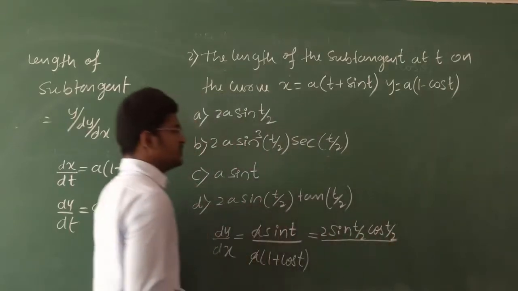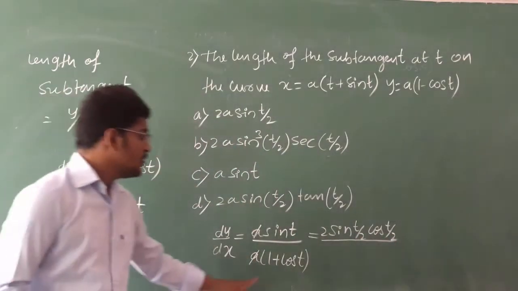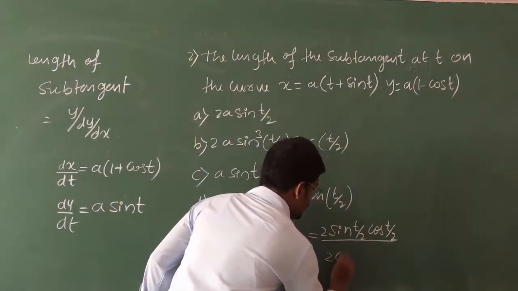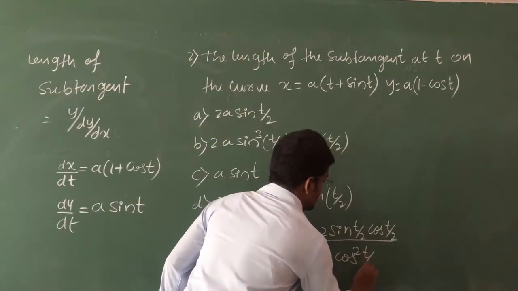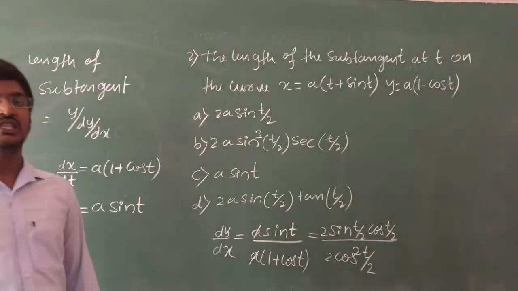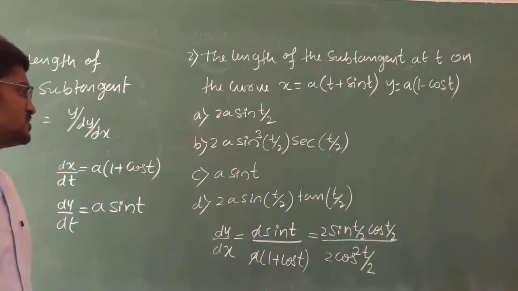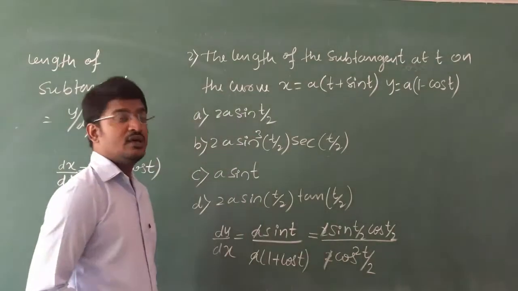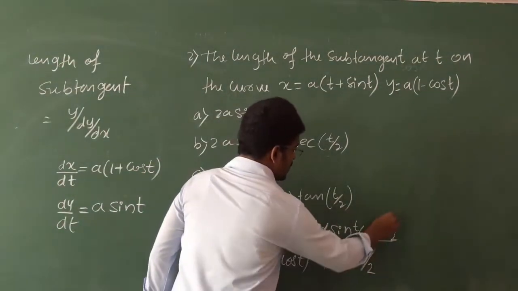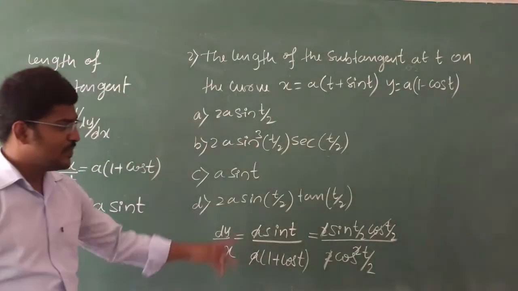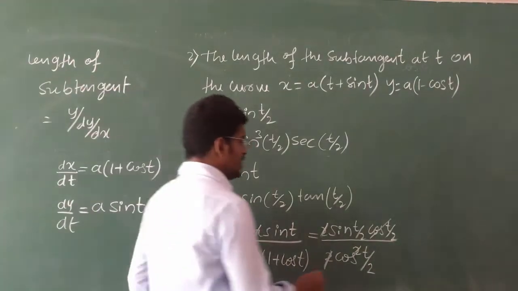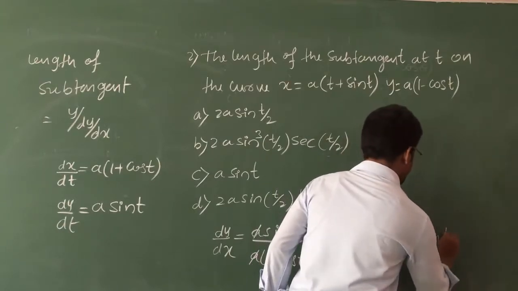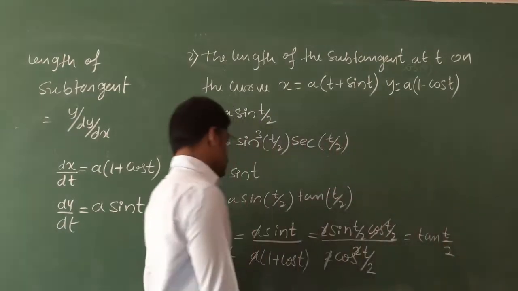Already we have discussed this in the previous problem. What is 1 plus cos t? That is 2 cos square t by 2. This is also discussed in the previous problem, so I will not discuss it again. Cancel 2 and 2, and cos t by 2 cancels. The remaining term is tan t by 2.